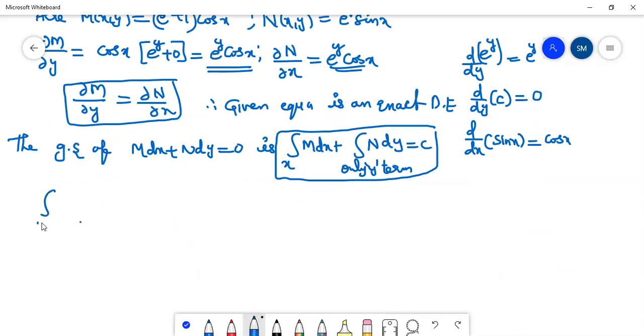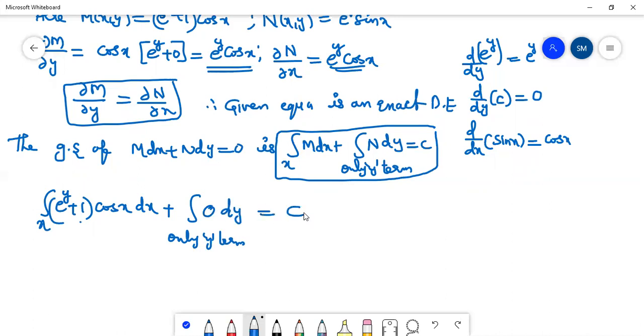So here, integral over x of (e power y plus 1) into cos x dx plus integral of only y terms. In that, let us check whether there is any y term or not. No. Why? Because e power y sin x is combined with sin x, so no independent y terms are there. So we take it as 0 into dy is equal to c.